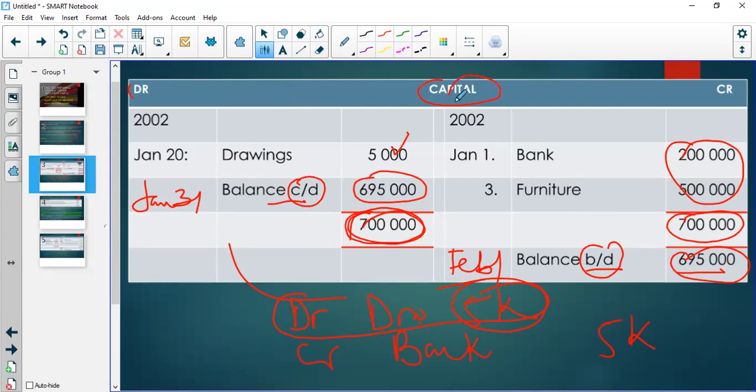That procedure is called balancing the general ledger account. In part one of general ledgers, we showed you how to do that with the bank account. We're showing you here with the capital account as well. So basically that's how you construct your capital account, right?